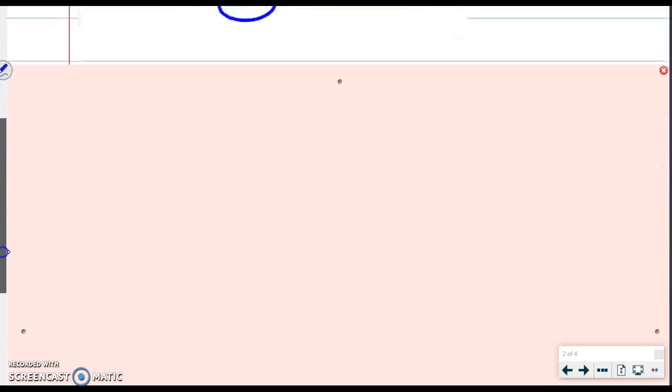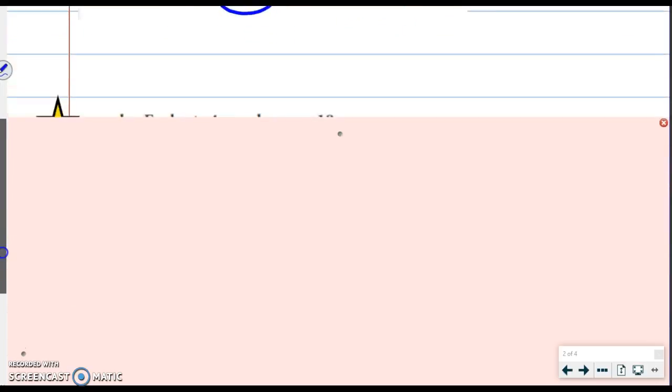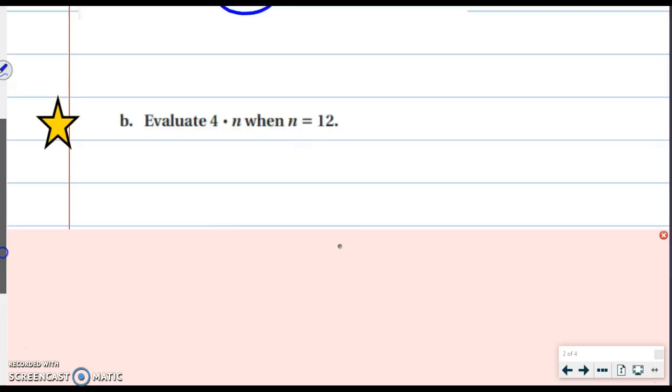Continue down to the next example. Now we're going to evaluate 4 times n when n equals 12. So first off, I'm going to write 4 times n, and I'm going to show you that it's the same thing as 4n. When you have a number next to a letter, it means the same thing as multiplication.